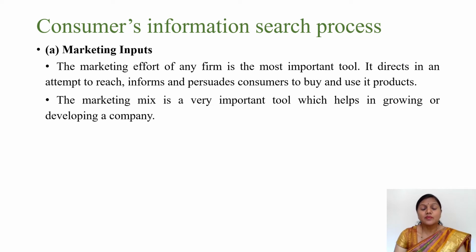The various methods by which the firm reaches its consumers are mass media advertising, direct marketing, personal selling and other promotional efforts, and also the price factors which help in moving the product from the manufacturer to the consumers. So the consumers' perception plays a very big role in moving the products from the manufacturer to the consumers.